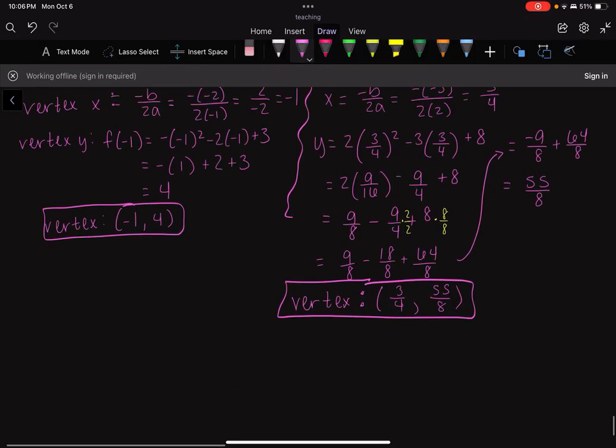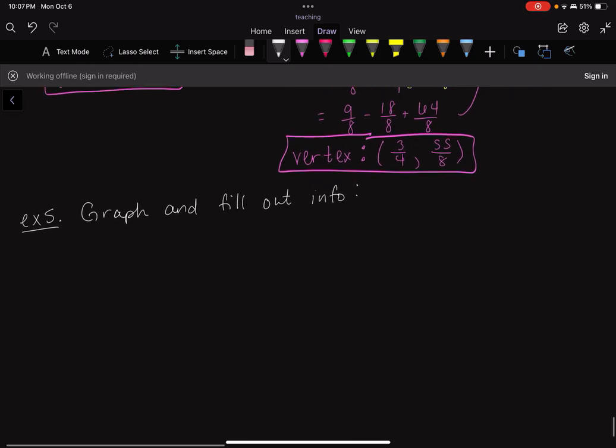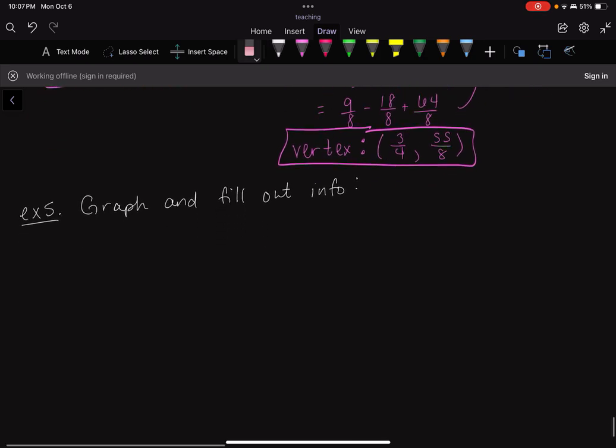Alrighty, I have one more example for us, and this will be a whole graphing one. So example 5, we'll graph and fill out all of our info. I'll just say info that we needed. So here's our function.